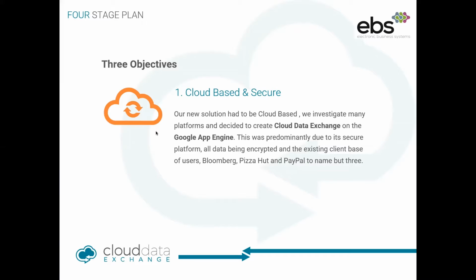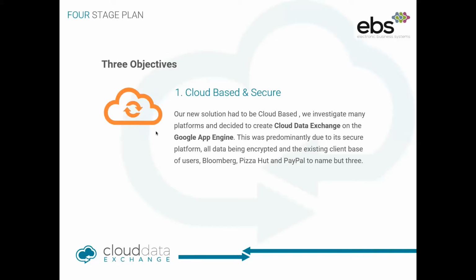1, it had to be cloud-based. Everything is going to the cloud, so our integration platform had to be cloud-based. And it had to be secure. One of the major points we learned with Data Exchange is that the data wasn't secure, and that was one of the major points our customer base was asking for. So we went out looking for a platform to run our Cloud Data Exchange on, and we opted for the Google App Engine.